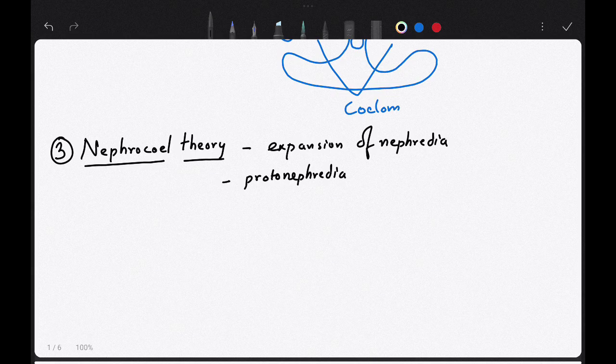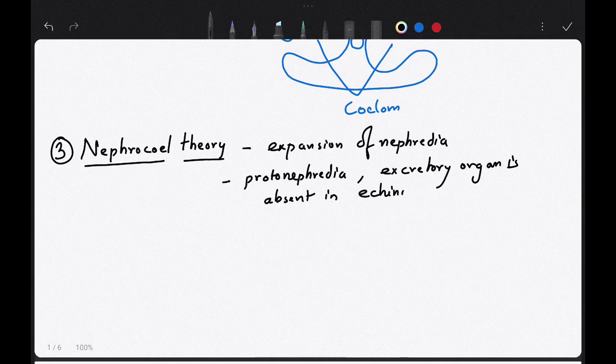Okay, mainly in coelomates this is absent. And an excretory organ is absent in echinoderms. So this theory was rejected due to these two reasons.